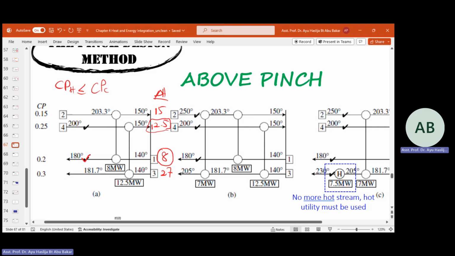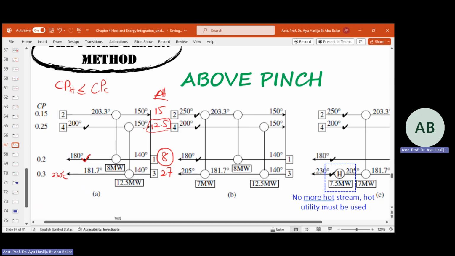It only achieved up to 181 degrees C. The T target for stream 3 should be 230. By receiving the 12.5 megawatt, it only heats stream 3 up to 181.7. How do we get this temperature later? Now I want to explain how the heat is being transferred. Up to there, can?